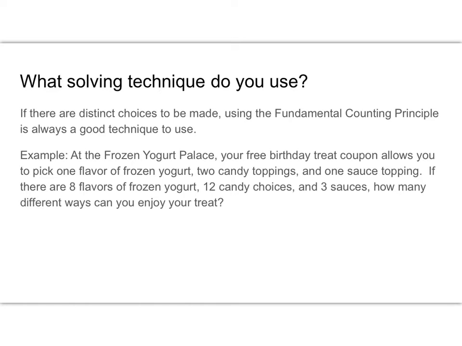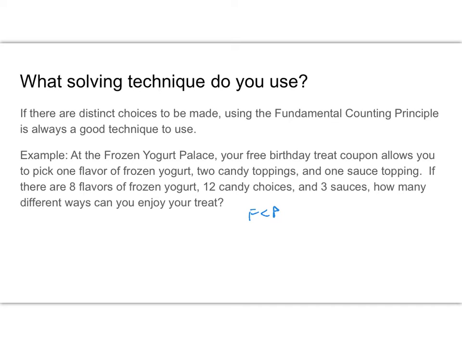Well, because you have distinct choices here, the yogurt and the candy are distinct from each other and the sauces are distinct from the other 2, that is something you can consider when it comes to using the fundamental counting principle. So that's probably what I'd use here.